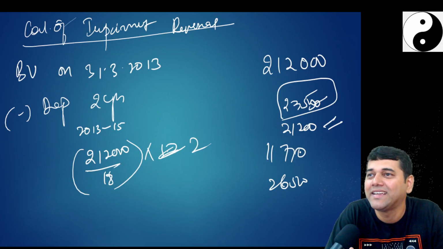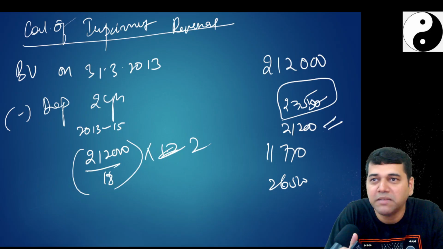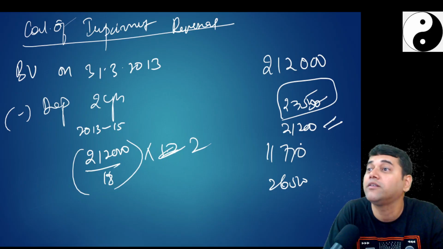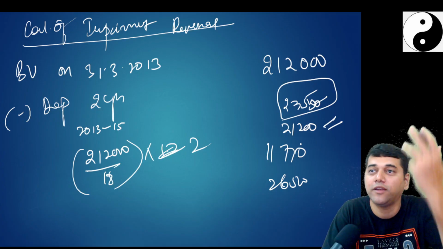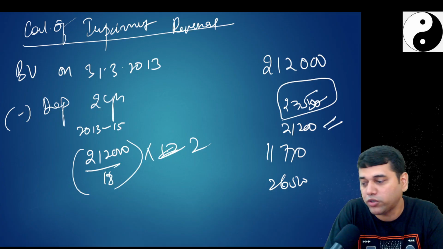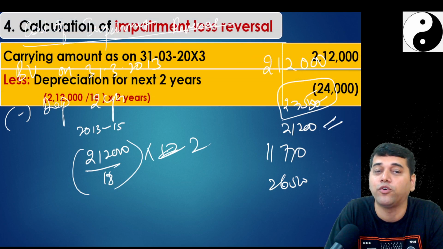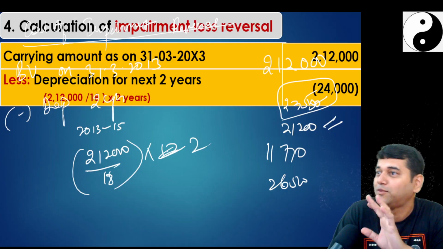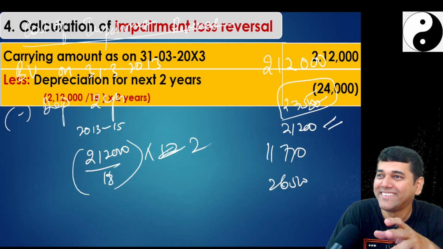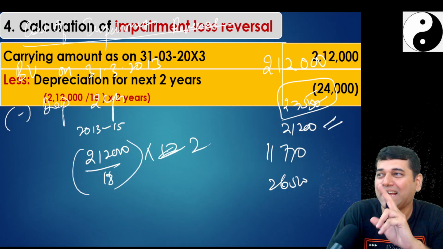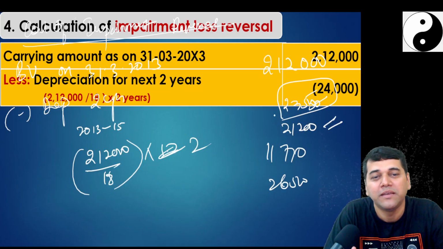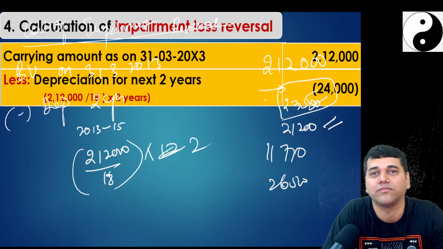Divided by 20, mistake. 2 years will go or no? 16. Okay, 2 years. Now here, what you do? They have rounded it off. Be careful. They said 24. Feel happy. Please write 24 because they have rounded it off to 24.